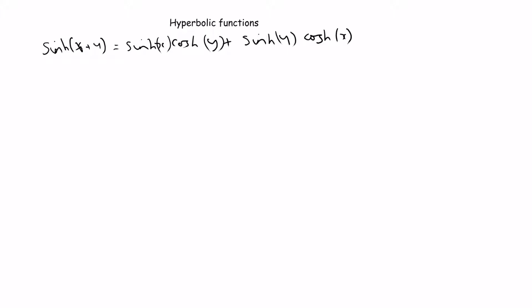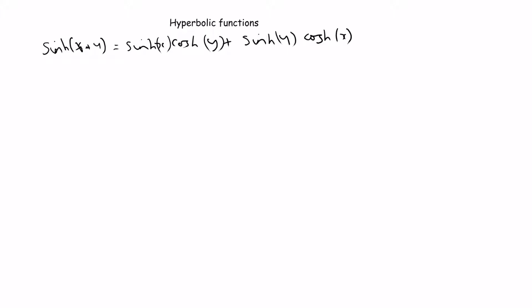And the other ones we have, obviously from there, we can have x minus y, we can have sine of 2x, and then we can do the reverse, having cos of x plus y, cos of 2x and cos of x minus y, and then in turn we can also do a tan of x plus y, and so on.